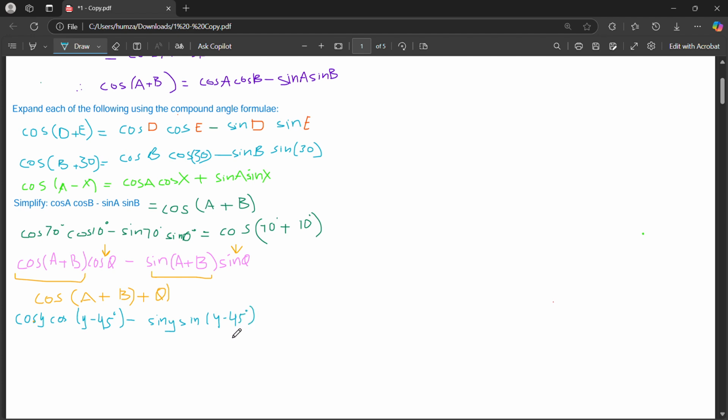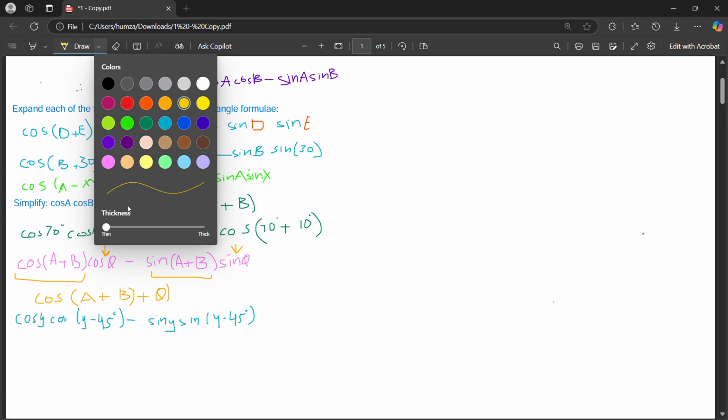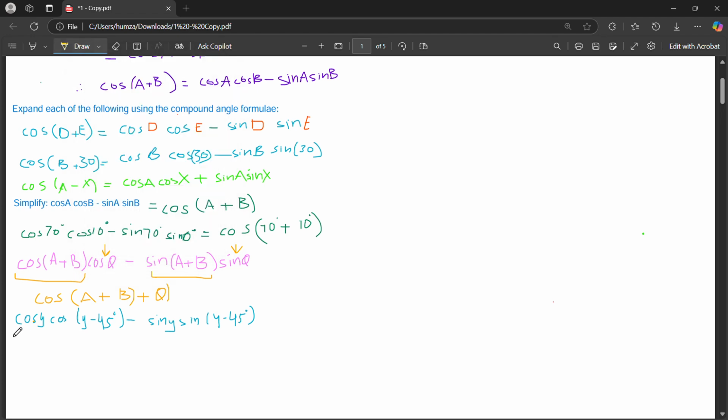Again, you must be able to identify different parts of this: cos y and sin y, and cos (y minus 45) and sin (y minus 45).